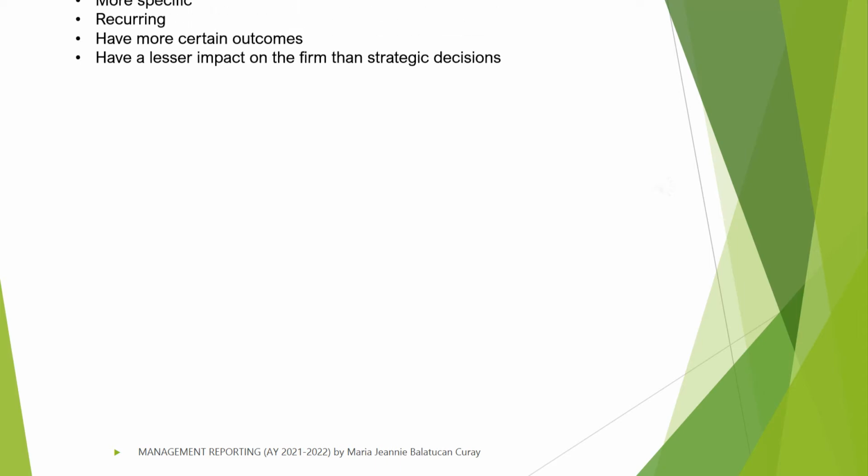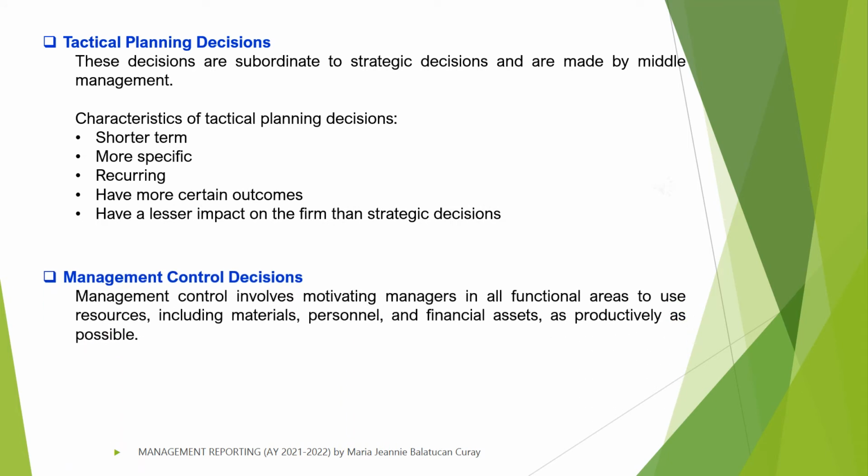Next, management control decisions. Management control involves motivating managers in all functional areas to use resources, including materials, personnel, and financial assets, as productively as possible. So you have these standards, and when your subordinate is unable to meet them, you as the manager may take corrective action, or rather, you will find the causes why the subordinate wasn't able to meet that standard.